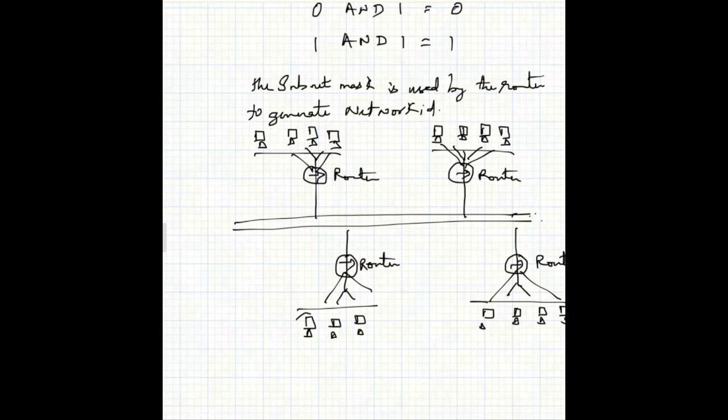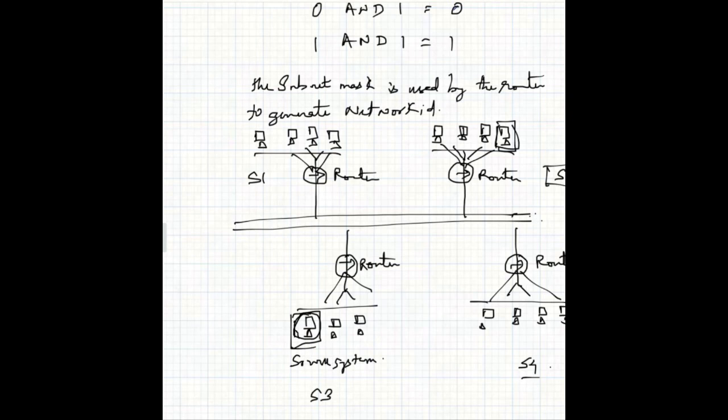Why does the router need a subnet mask? Let us say this is the source system, and we want to send a message from this system to a system within this subnet. Let us say this is S1, this is S2, this is S3, and this is S4. So the system in S3 wants to send a message to a system in S2.